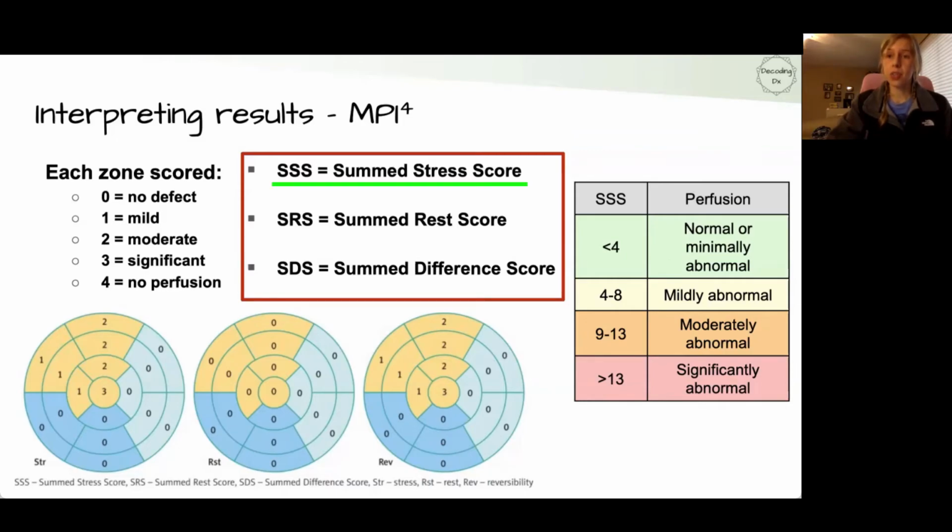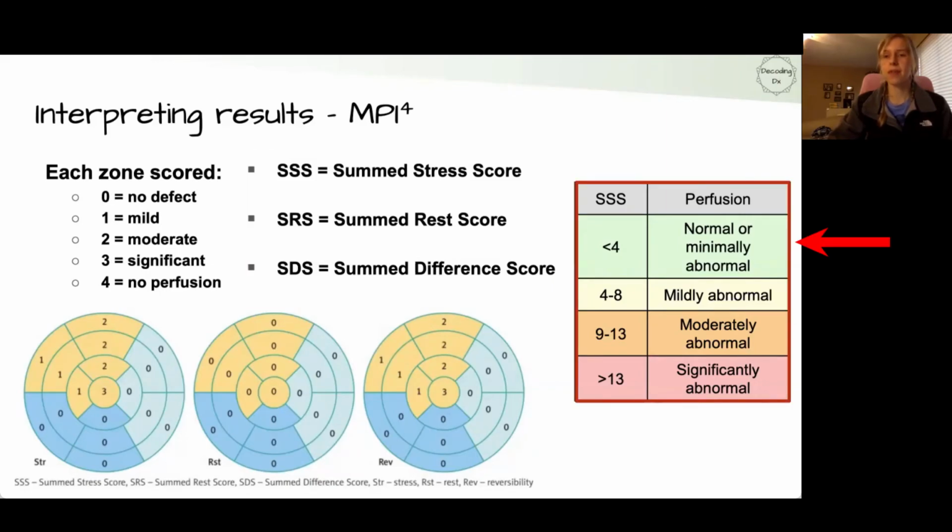The sum of all the scores together during stress is the sum stress score, and the sum scores at rest is the sum rest score. The sum stress score is the most important as far as telling us perfusion defects for a risk of coronary artery disease. A score of less than 4 tells us that there's pretty much no clinically significant defects. The higher you go, the more abnormal it is.